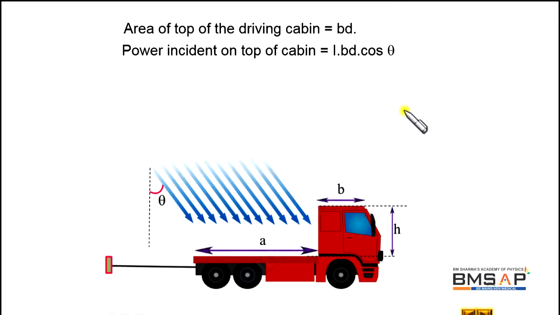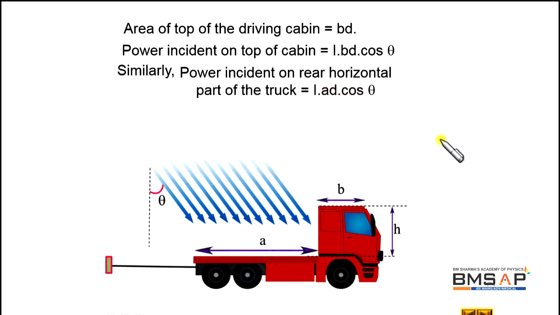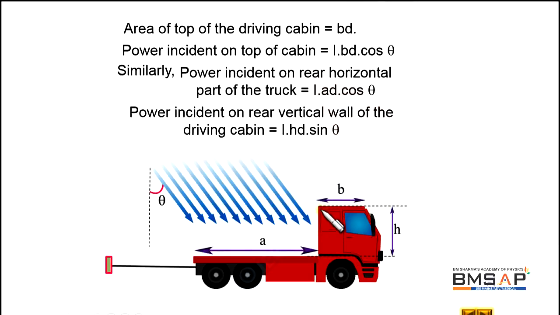So, the power incident on the rear horizontal part of the truck is equal to I multiplication A multiplication D multiplication cos theta. Similarly, power incident on the vertical face, we can find this is capital I, that is the intensity, area as we discussed H multiplication D, and here the angle made by the direction of the ray with the normal is 90 minus theta.